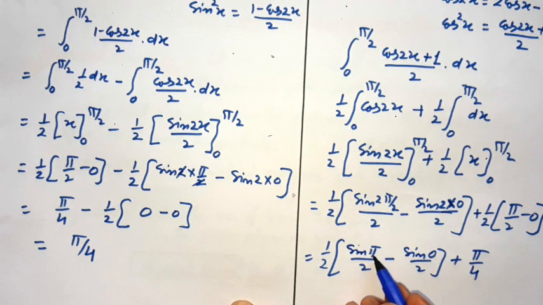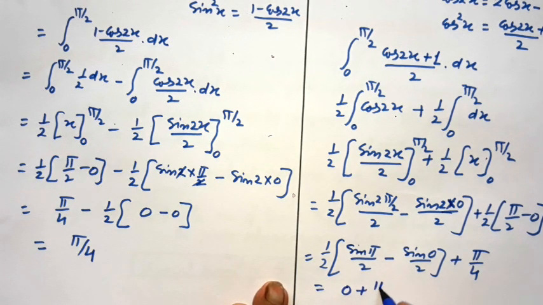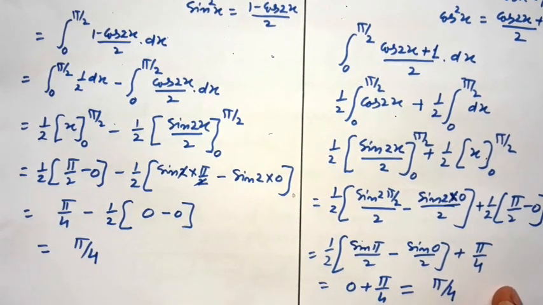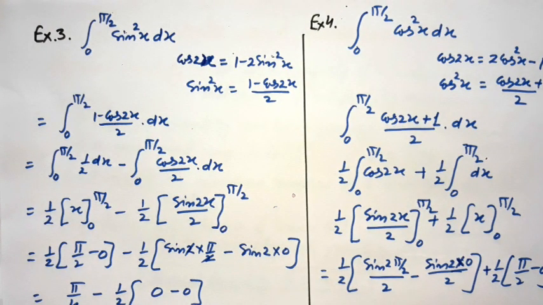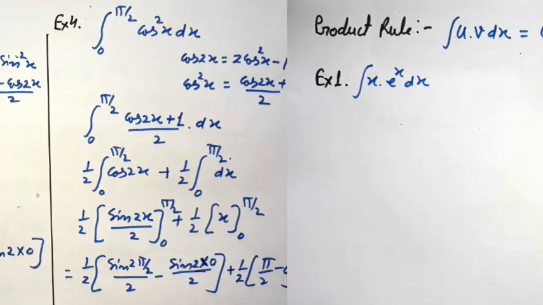Then sin pi is 0 and sin 0 is also 0, so this term will be 0 plus pi by 4. So the answer of this question is pi by 4. So the integration of sin square x and cos square x both are pi by 4.